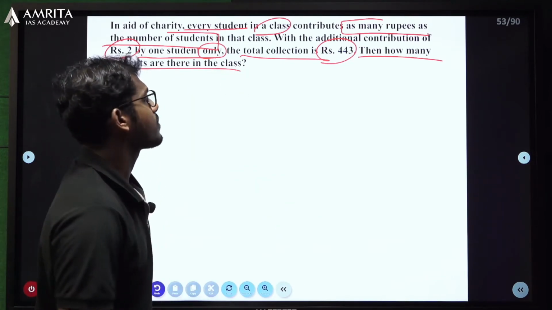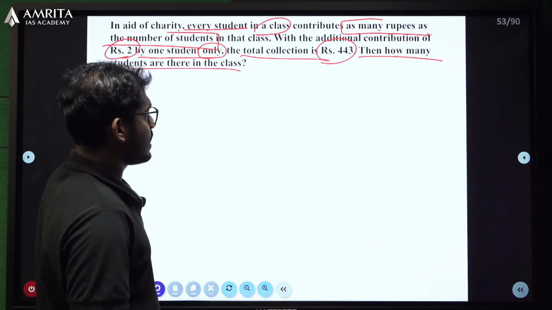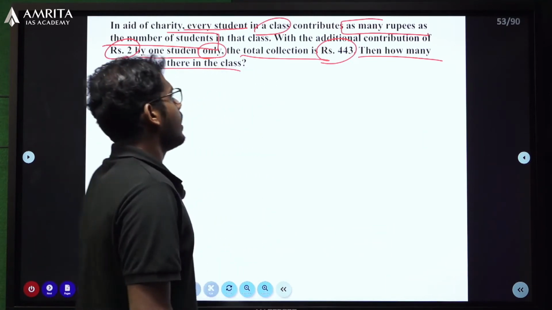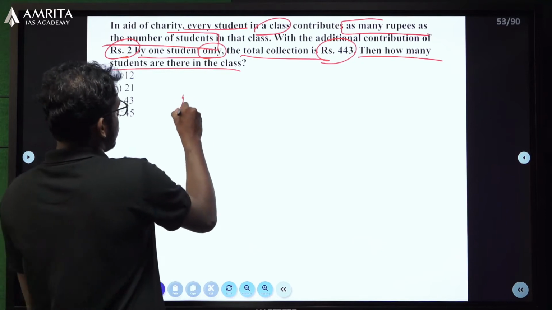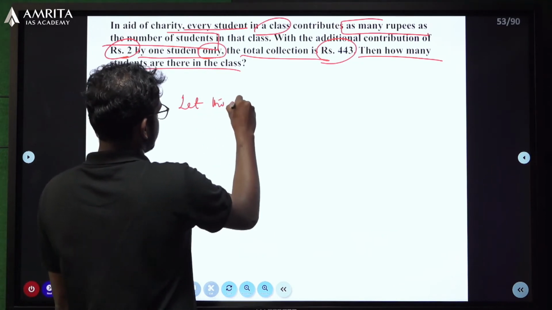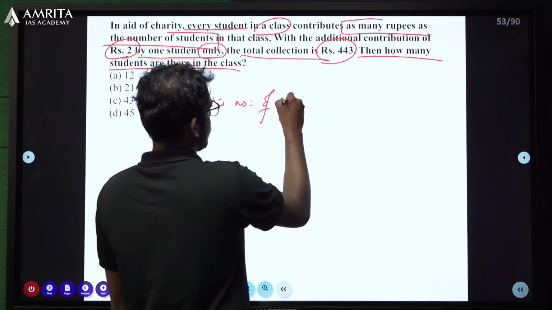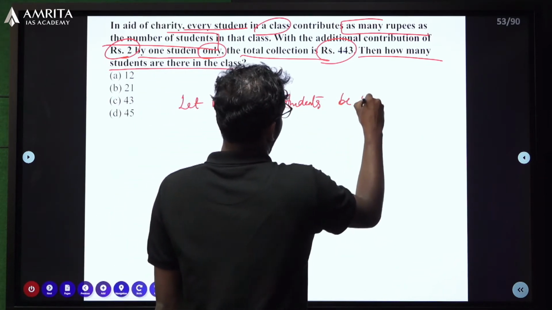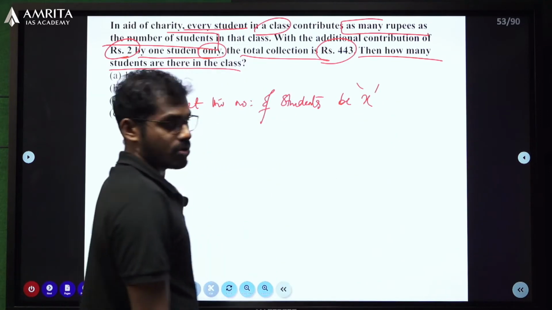Simple question. Okay. The question says, in a class, they collect rupees for purpose of charity. Let the number of students be X.